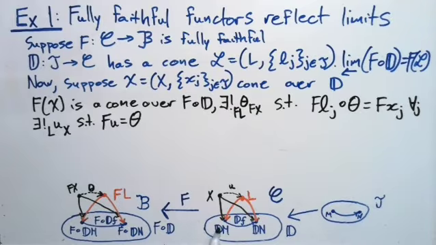There has to be one because it's surjective, and it has to be unique because it's injective. It's a bijective mapping.